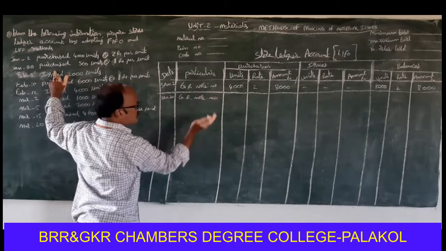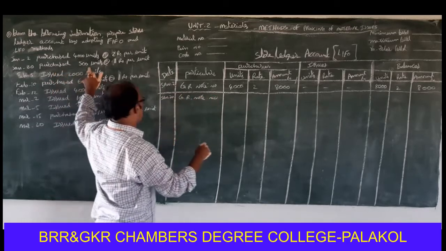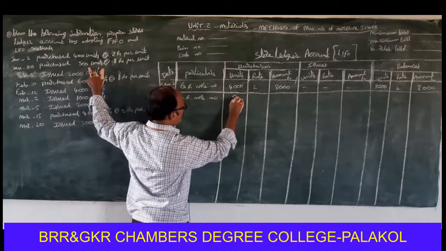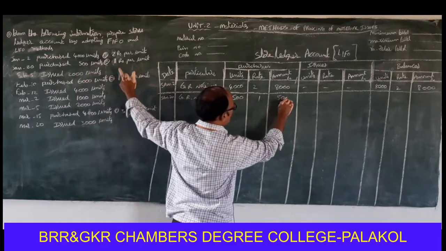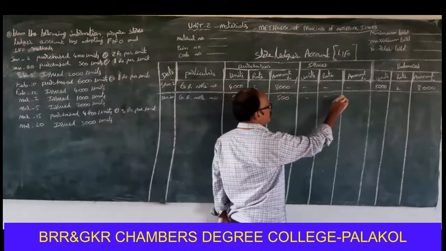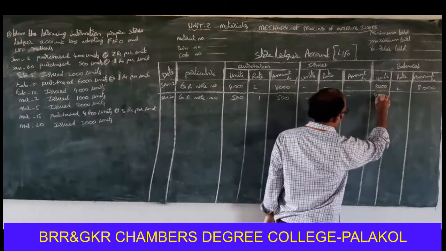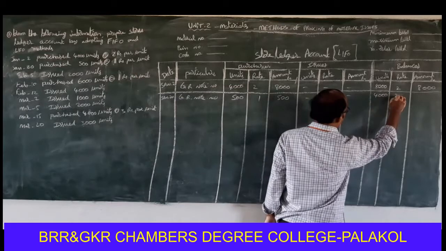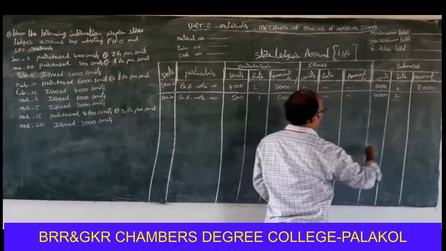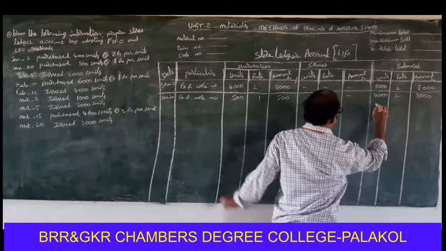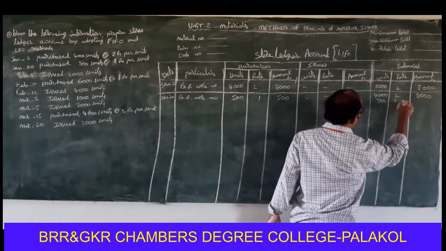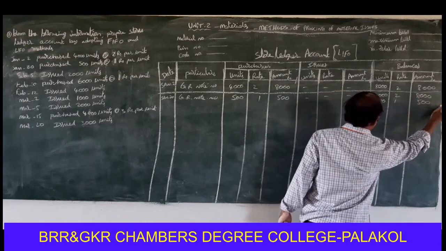LIFO means last in, first out. 500 units at the rate of 1 rupee per unit, 500 into 1, 500. So 4,000 units at the rate of 2 rupees per unit, 8,000. Next one, 500 units at the rate of 1 rupee per unit, 500.